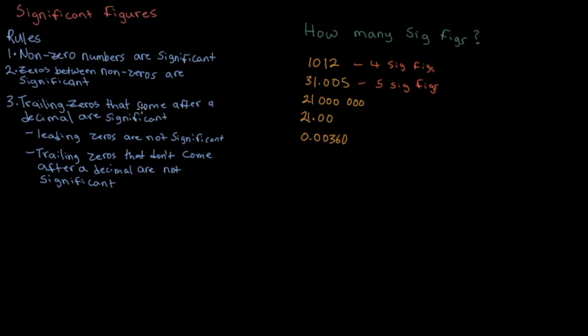So that means you have to go down to these rules here. Trailing zeros that don't come after a decimal are not significant. As you can see here, there's no decimal place here or anywhere here. So that means all these zeros are not significant. So there are only 2 sig figs here.